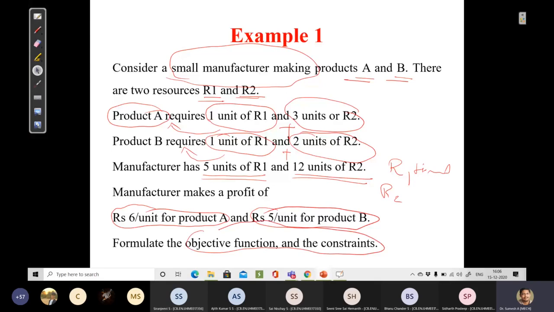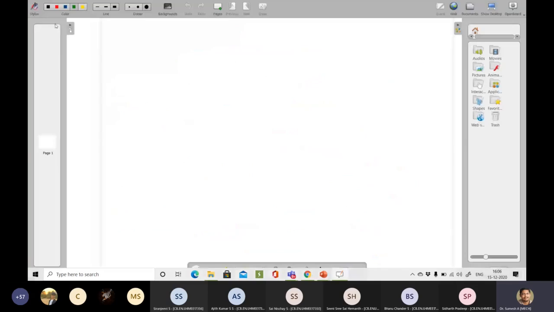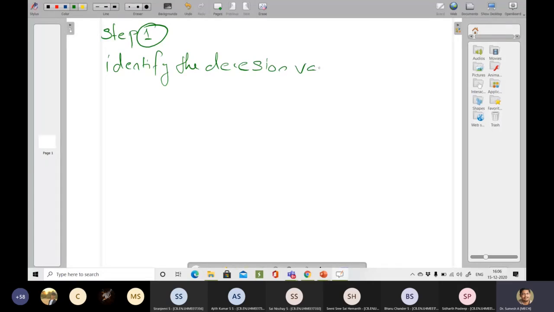Okay, so now step 1 will be to identify the decision variables.